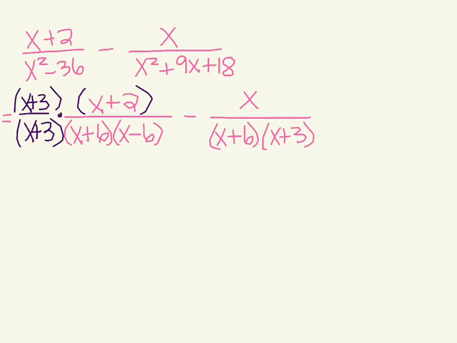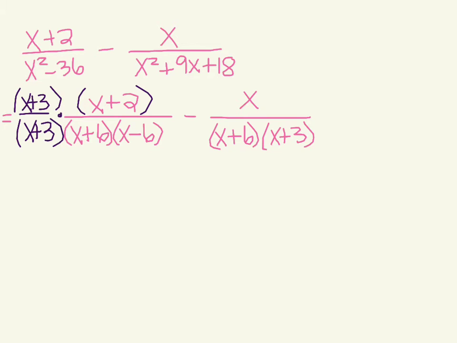Now I do the exact same thing, but on my second fraction. So the denominator of my second one has an x plus 6 and an x plus 3. And now I ask myself, what does my first fraction have in its denominator that the second fraction does not? The answer to that one is x minus 6.